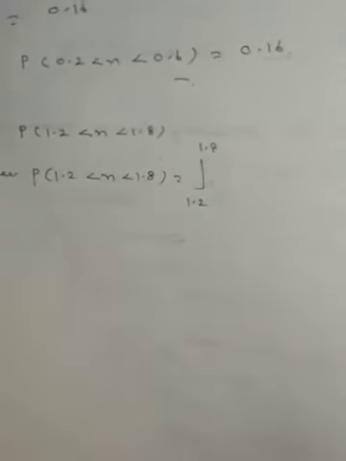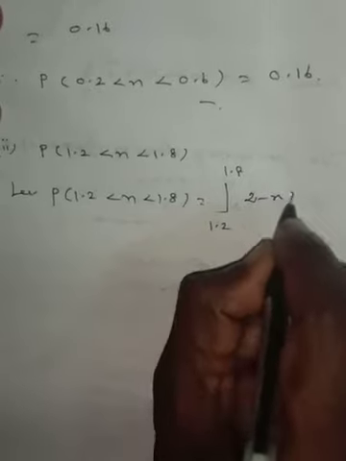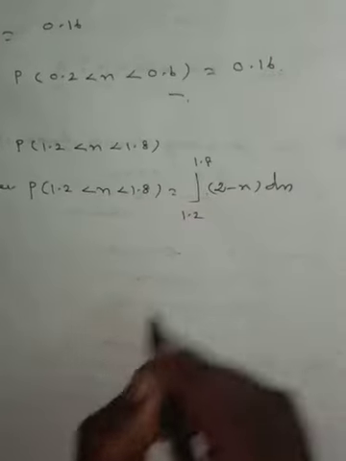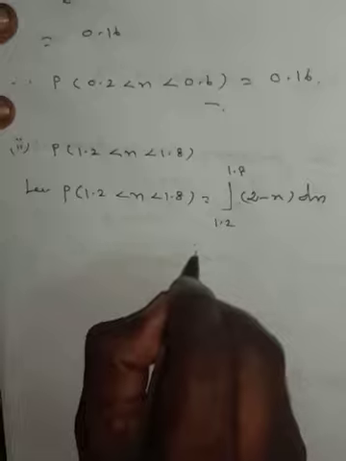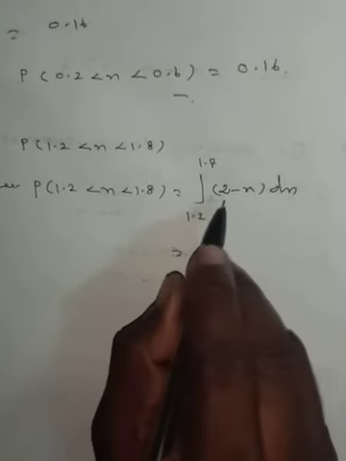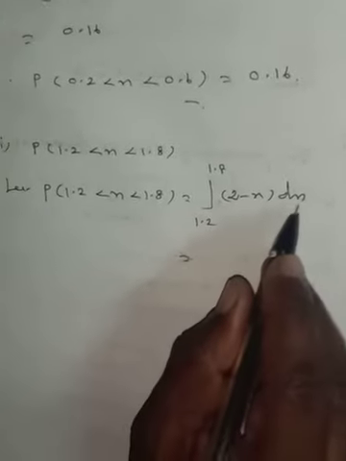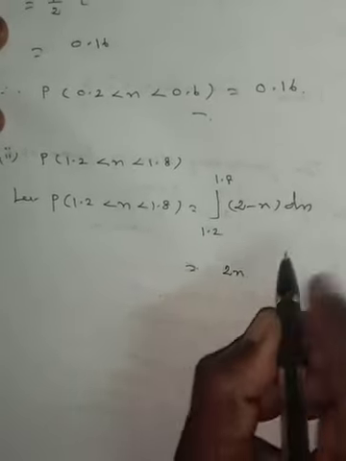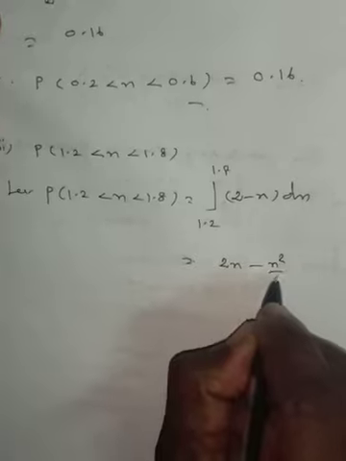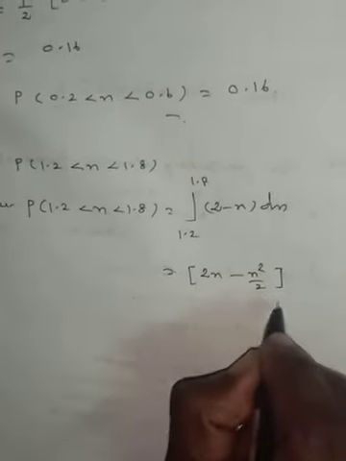Now, 1.2 to 1.8 of 2 minus x dx is equal to the integral of 2 dx minus x dx. Integrating, we have 2x minus x squared divided by 2, taken over the limit 1.2 to 1.8.